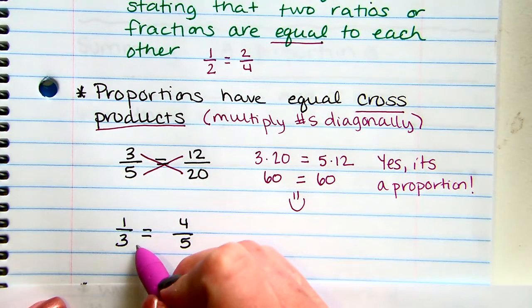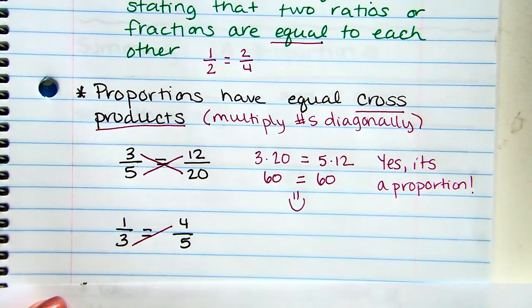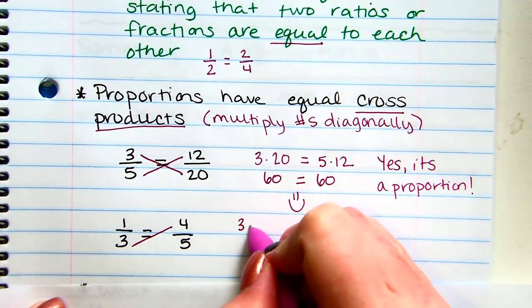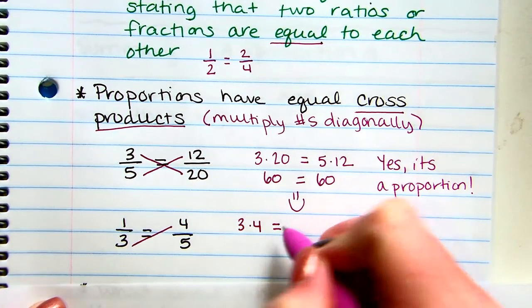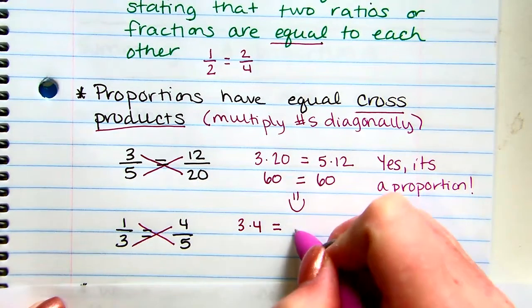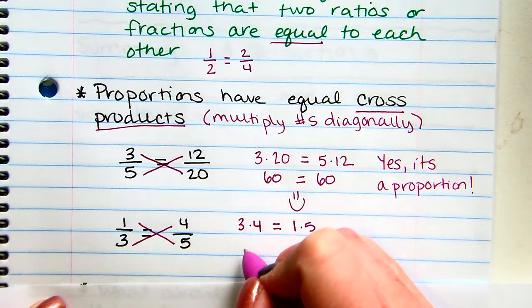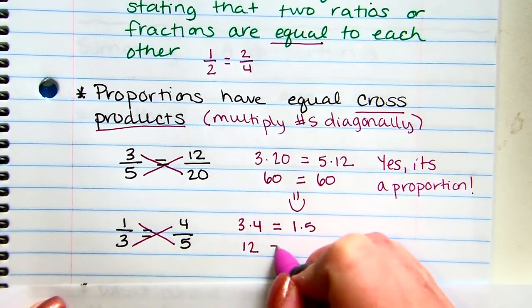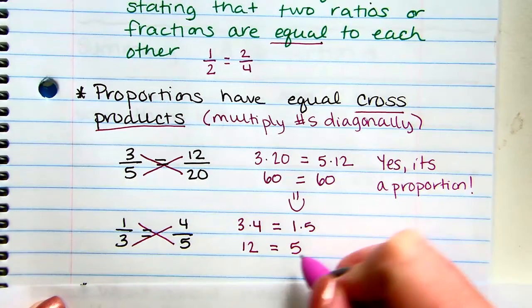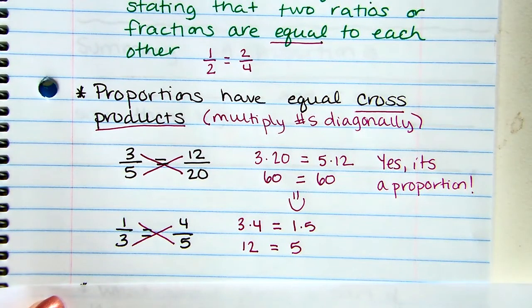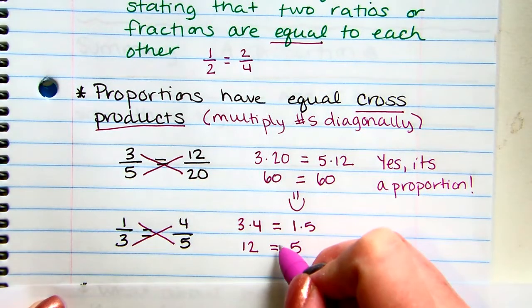So I'm going to cross multiply 3 times 4, and I'm going to set that equal to 1 times 5. Now 3 times 4 is 12, 1 times 5 is 5. 12 is not equal to 5.